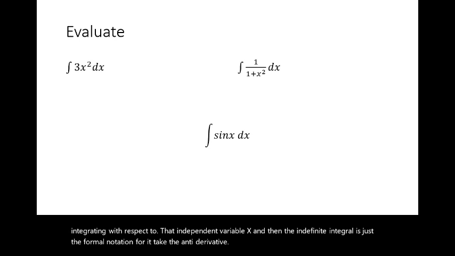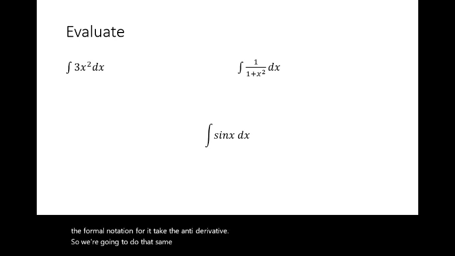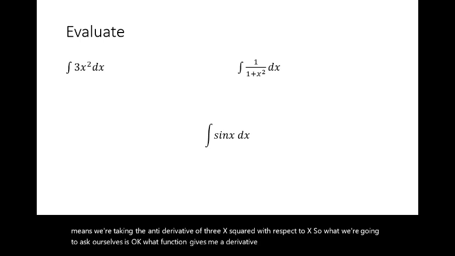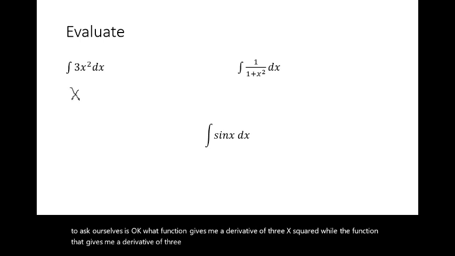So we're going to do that same thing for this next one. The integral of 3x squared dx means we are taking the antiderivative of 3x squared with respect to x. So what we're going to ask ourselves is, okay, what function gives me a derivative of 3x squared? Well, the function that gives me a derivative of 3x squared is going to be x cubed.